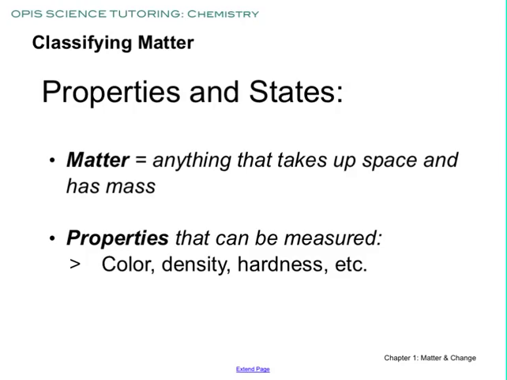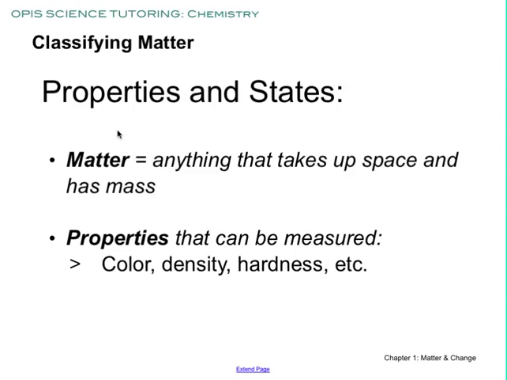Some other ways we classify matter is looking at its properties and the states in which matter can exist. Let's back up a second and let's just kind of have a broad definition of matter. Matter is anything that takes up space and has mass. That seems very straightforward and simple initially, but it's very deep when you think about it. Anything that takes up space and has mass.